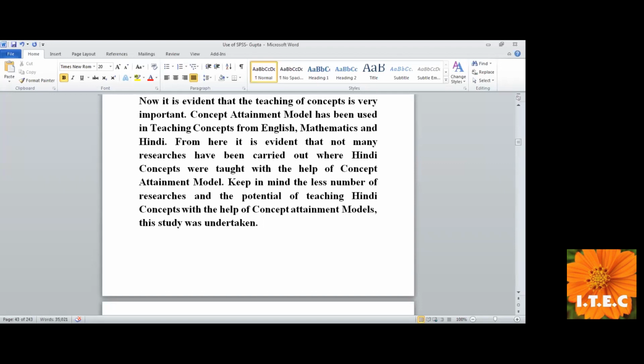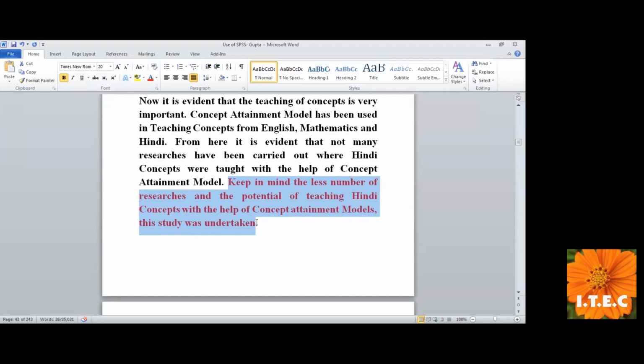Now, once you have written this, here I have put the red one for you. Keeping in mind the less number of researches and the potential of teaching Hindi concepts with the help of concept attainment model, this study was undertaken. Now this should come towards the end of the rationale.